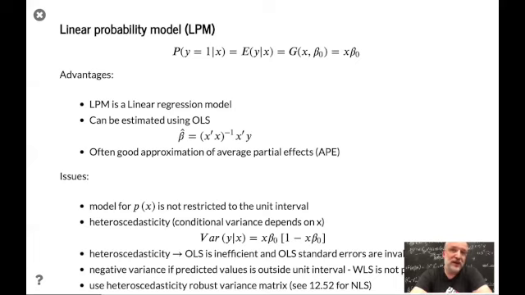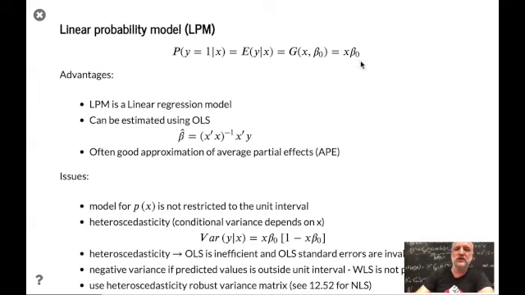So that all sounds pretty good. There are some issues, and the main one is that the predicted value of the response variable, the predicted probability for y equal to 1, is not restricted to the unit interval. What does that mean? It means that you can have probabilities that are larger than 1 or negative, and we generally don't like negative probabilities.